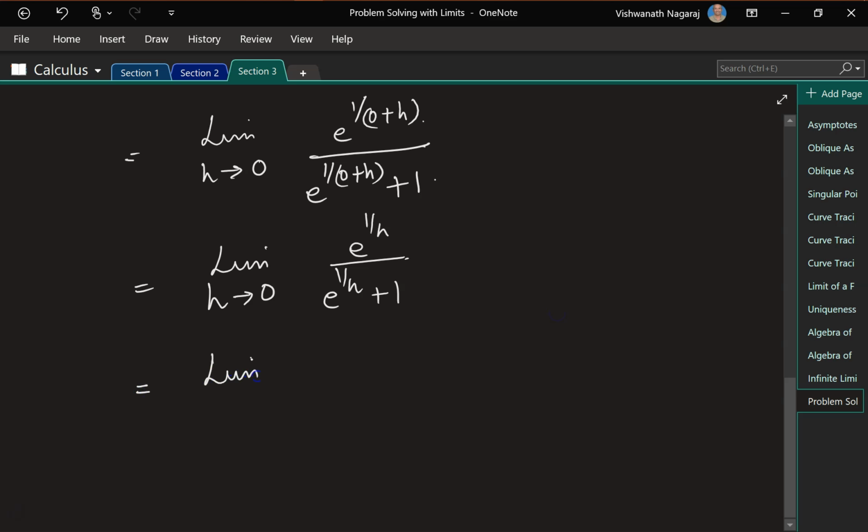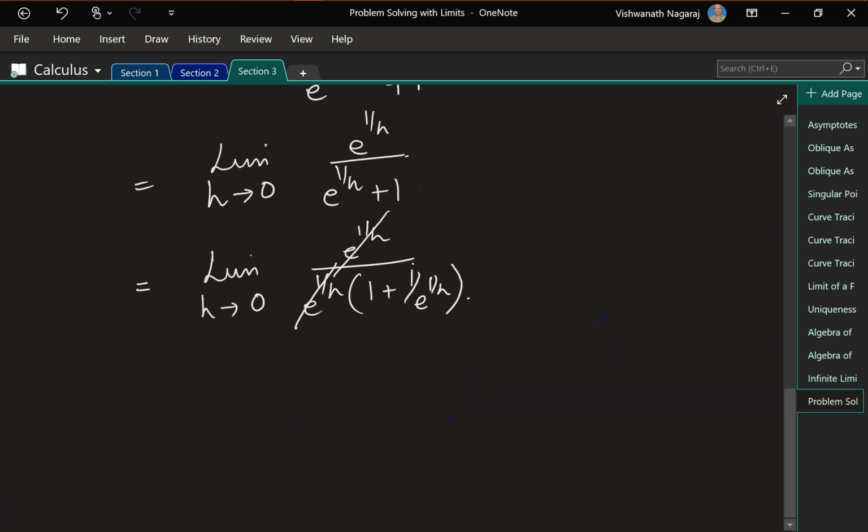Let's do some cancellations. So e to the power of 1 by h divided by, let's take out e to the power of 1 by h common. So 1 plus 1 by e to the power of 1 by h. These two get cancelled.